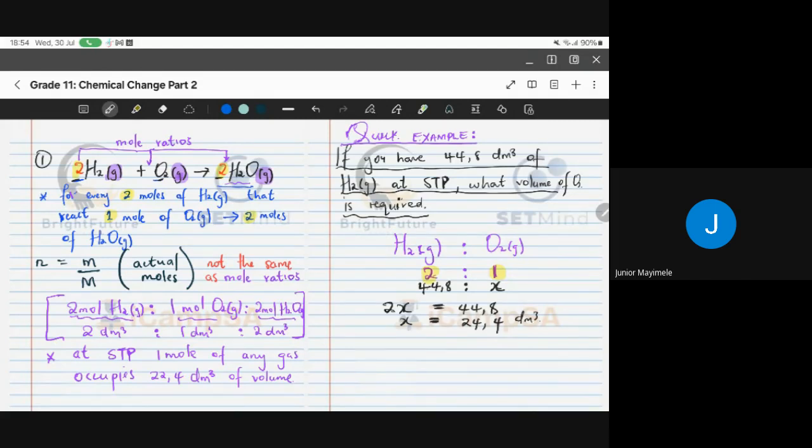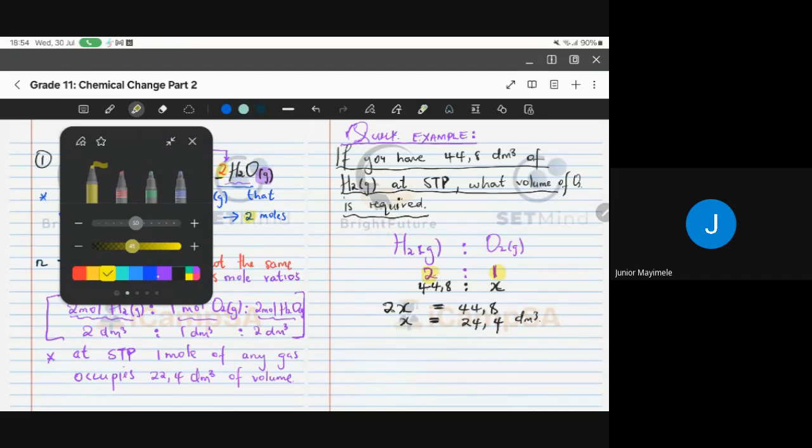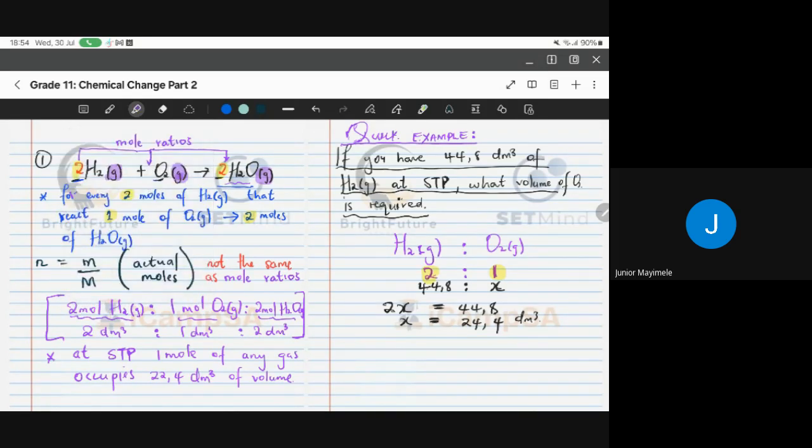So we know that if we have this volume of hydrogen, and we need to know how much oxygen volume we need in order for these to react with 44.8 cubic decimeters of this hydrogen, we would actually need 22.4 cubic decimeters of oxygen.